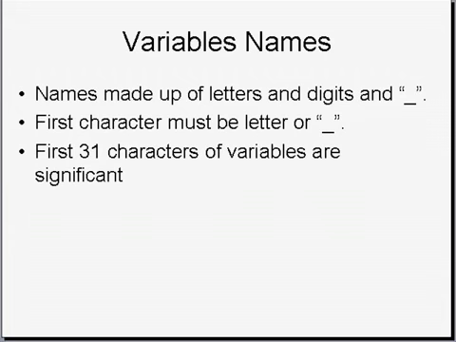All names of variables should consist of letters, digits and underscore. And the variable name should begin with a letter or an underscore. You can't begin a variable name with a digit. So you can't say 1a or 2b. These sort of variable names are unacceptable.